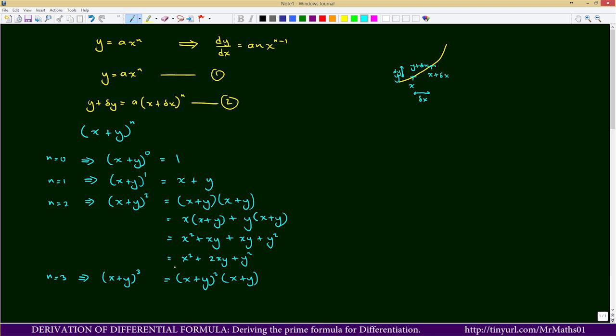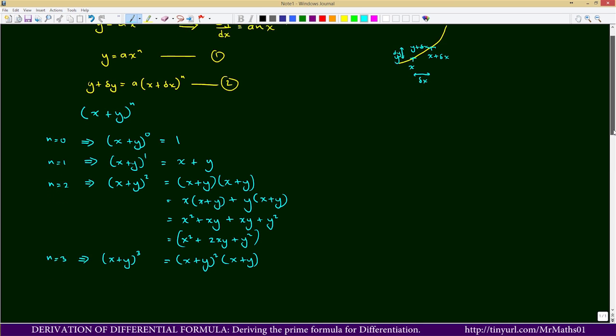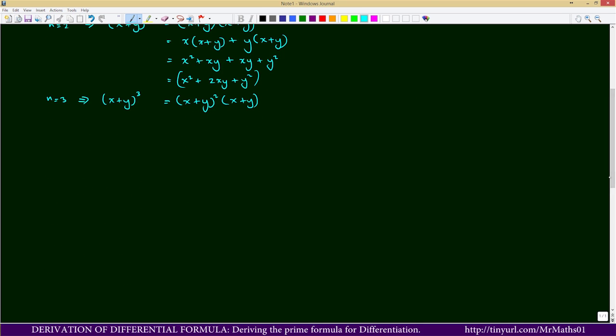I'm going to take the expression here and multiply that with x plus y. Give myself some real space here. Now x plus y squared is x squared plus 2xy plus y squared, multiplied by x plus y.